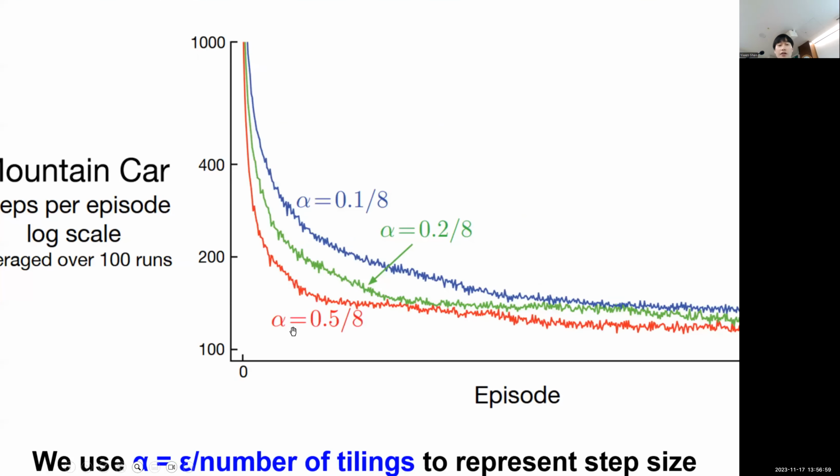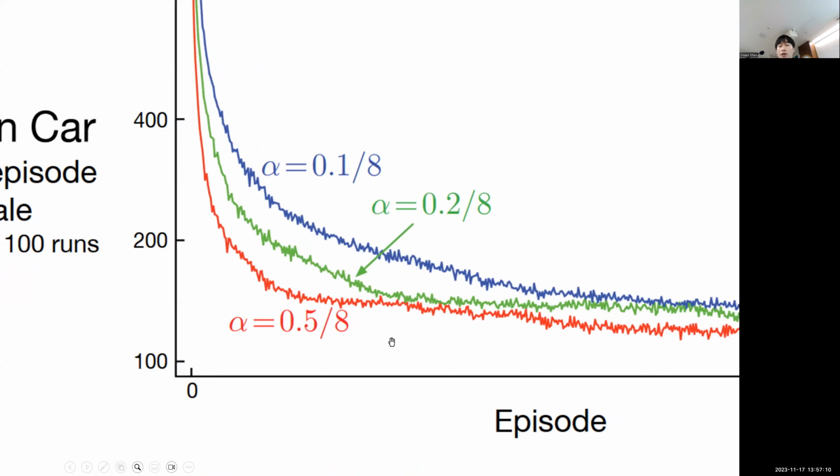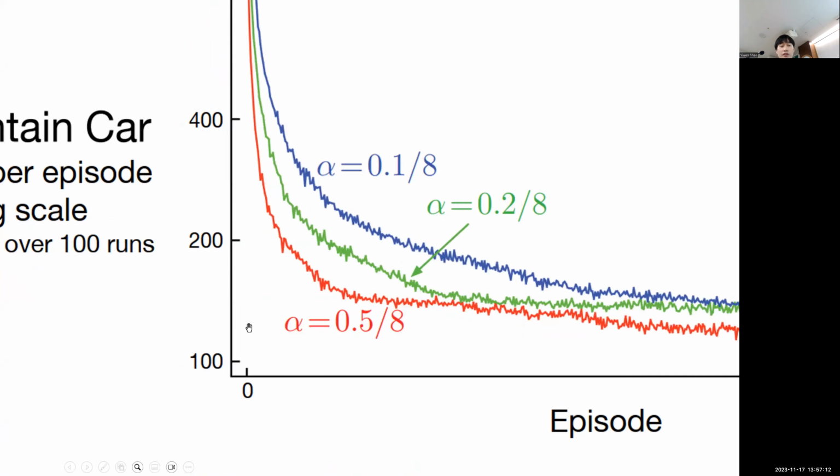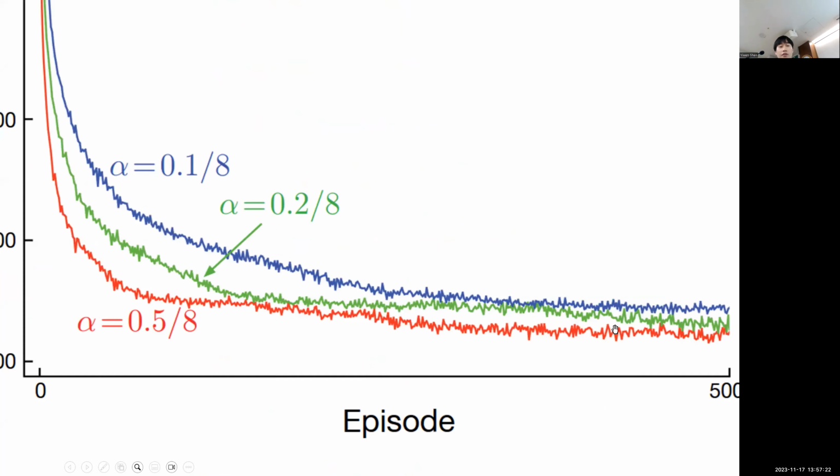Then as you can see here, clearly when alpha equals 0.5 divided by 8, it gives the best performance, which is like the previous data, where we looked at about 120, right? When we look at here, this is the steps per episode, also close to 120, which is somewhere here, right?